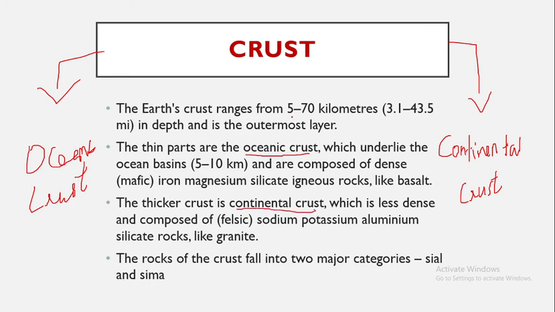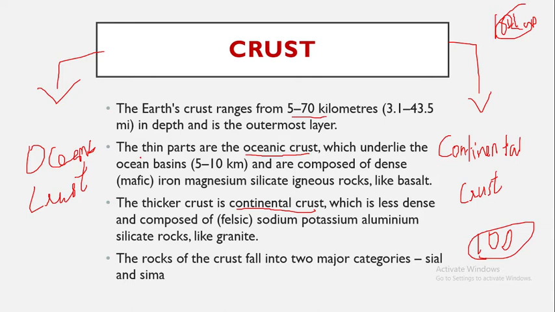The crust area is almost 50 to 70 kilometers, and it will be inside a maximum of 100 kilometers. The crust area can only be a maximum of 100 kilometers. Among that, it is divided into two, oceanic crust and continental crust.